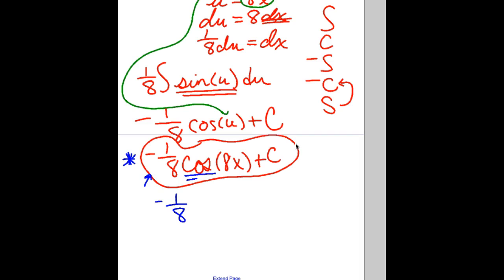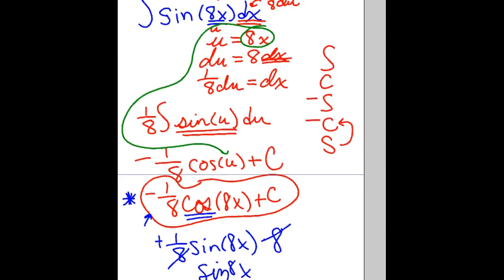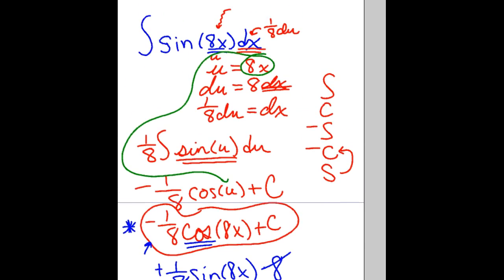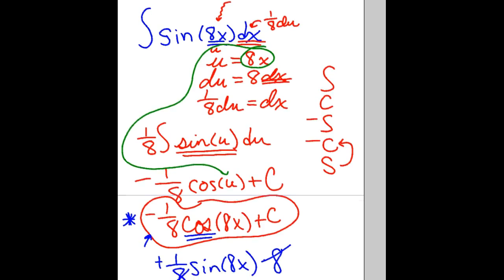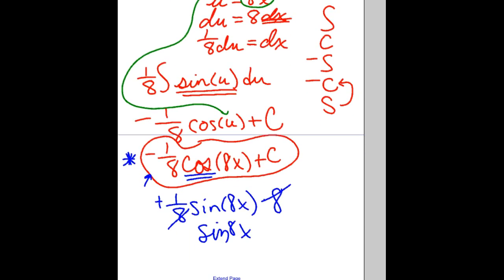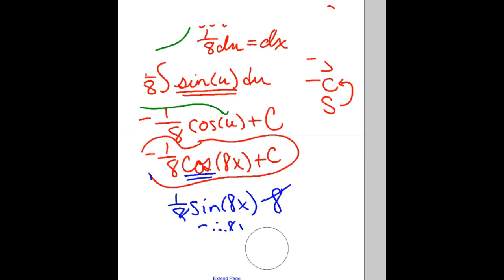The derivative of cosine is negative sine times the derivative of the guts. The 8's cancel, and I get sine 8x. And if you go back up and look at the original problem I put up there, the original function was sine of 8x. So that's an example with a trig problem.